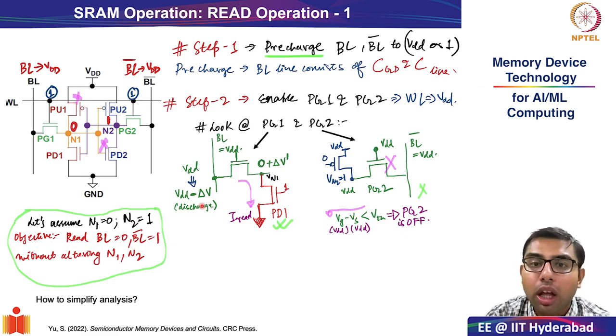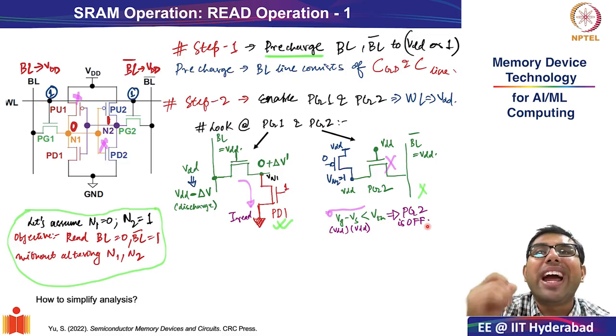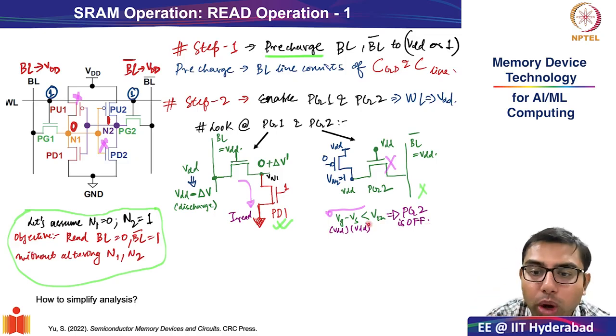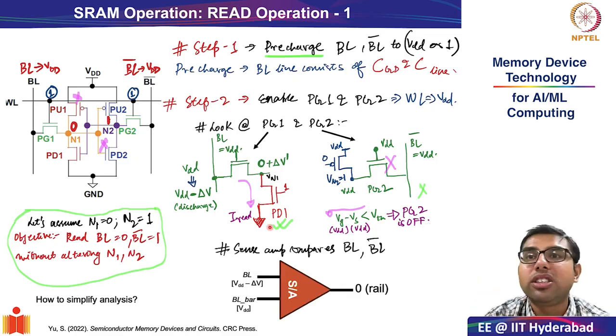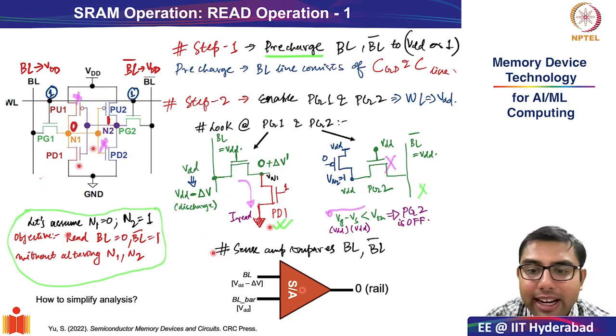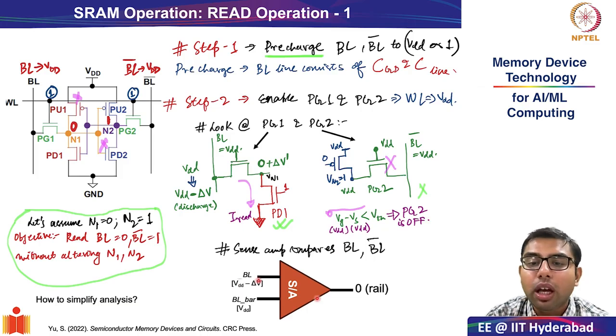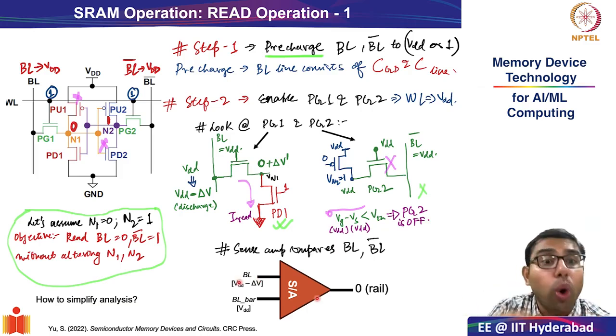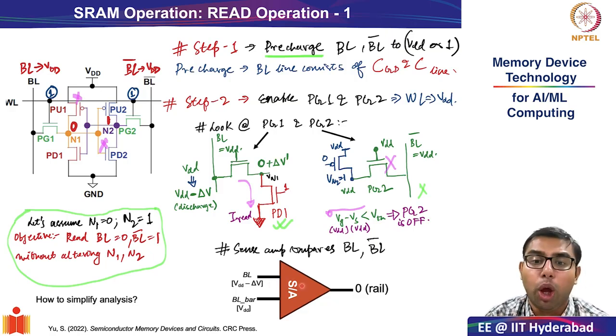And as we have seen, both the bit line and bit line bar will be connected to the two ends of the sense amplifier. So let us see what is happening at the two ends of the sense amplifier. Soon we'll see that when you turn on the word line and all the read current starts flowing from PG1 to PD1, the discharge on bit line will show up at the input of your sense amplifier, but your bit line bar will not change.